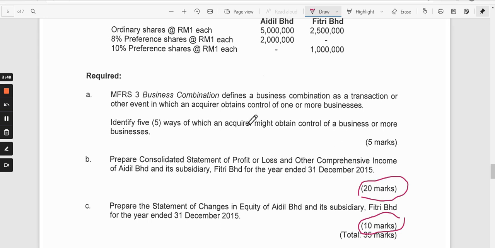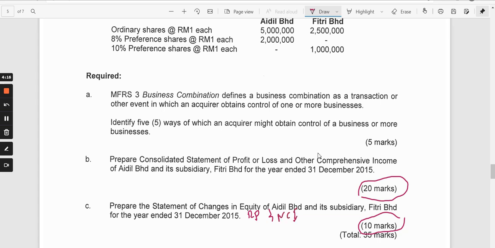You can try and do it on your own referring to the textbook. But we're going to do part B, which is to prepare the statement of profit or loss and other comprehensive income, and part C, which is to prepare the consolidated statement of changes in equity of the group and its subsidiary, Fitri Berhad. Our focus in the statement of changes in equity is just to show the retained profit column and the non-controlling interest column.